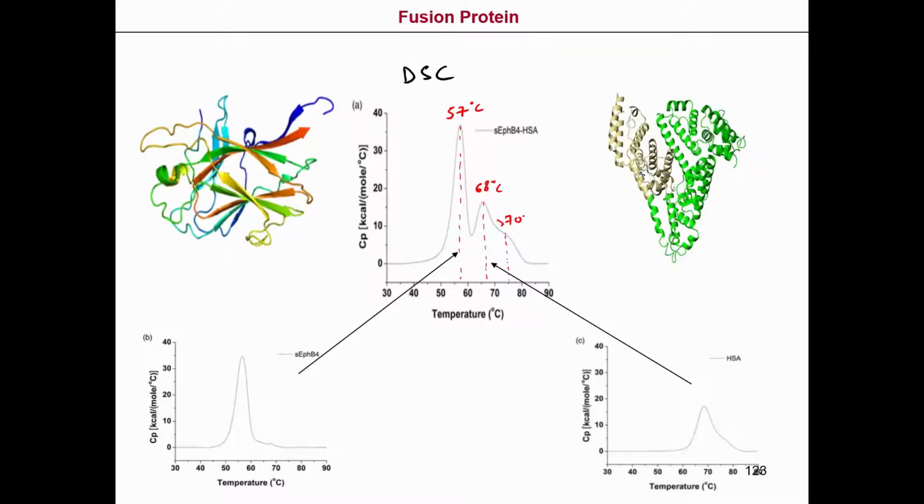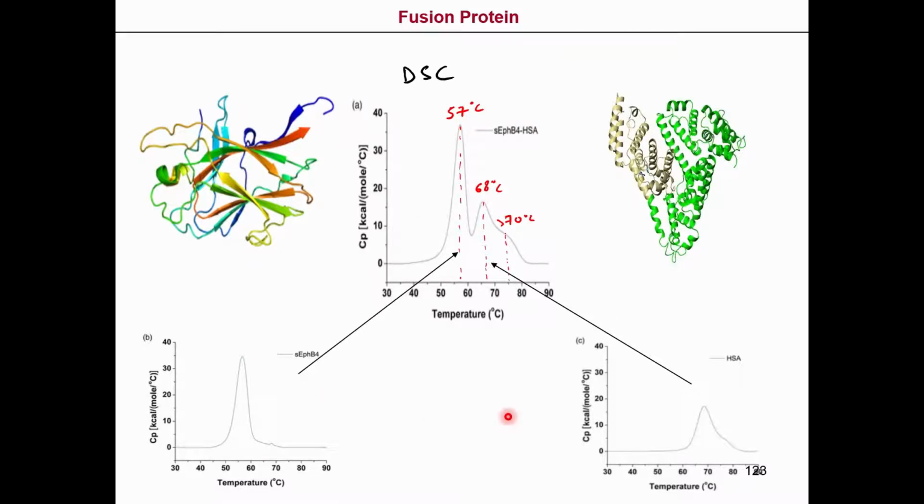Indeed, if we compare this graph to the denaturation experiment, the DSC experiment of the proteins alone, for SEPHB4 the DSC shows only one transition at 57 degrees.